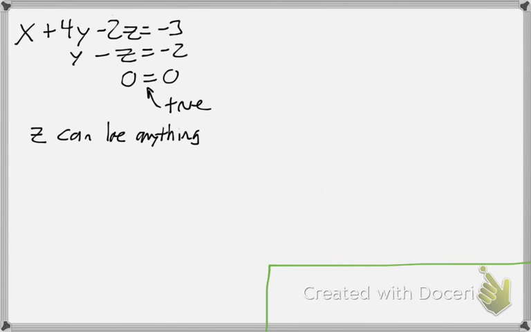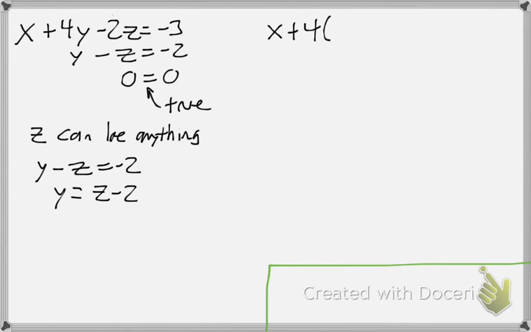And I want to work my way back up the system and get everything in terms of z. So y minus z is equal to negative 2. If I move the z over, y is equal to z minus 2. And then I want to plug both those into the top one. So I have x plus 4 times z minus 2 minus 2z is equal to negative 3.